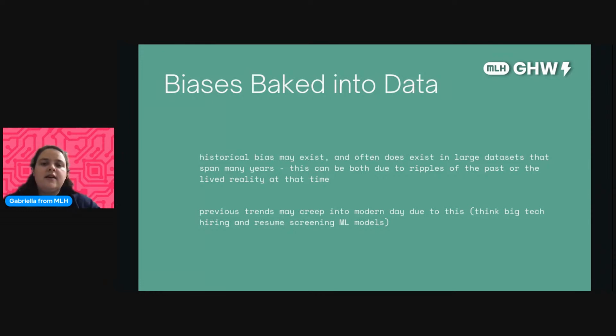Historical biases in data are particularly important because they often exist in large sets of data that span many years. These biases can be due to the ripples of the past or the lived reality at that time. For example, data collected on women or people of color may need additional contextualization of the different rights that people had at that time and how it could affect the future.